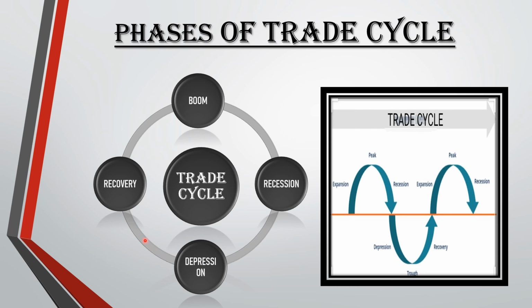That is recovery. Slowly there is an increase in the growth rate in the economy. And again, after reaching this growth recovery point, one trade cycle is completed and it continuously rotates. So that is why it is known as the trade cycle. It moves from boom, recession, depression to recovery.